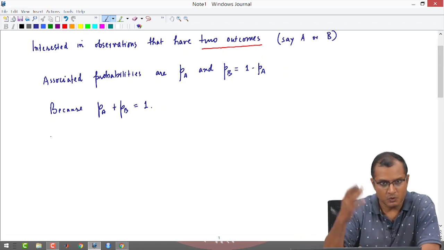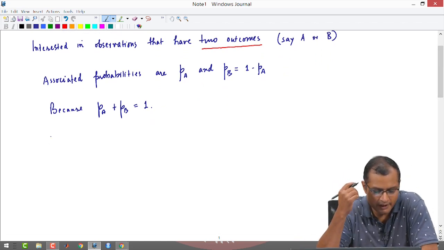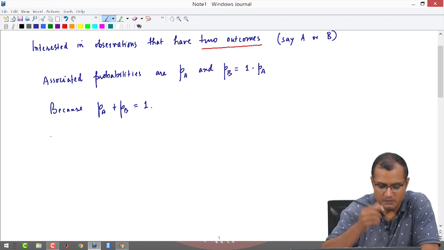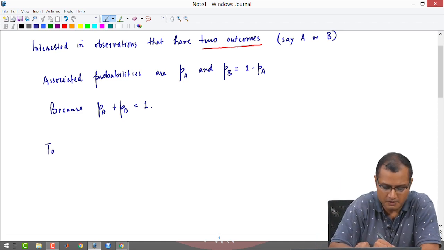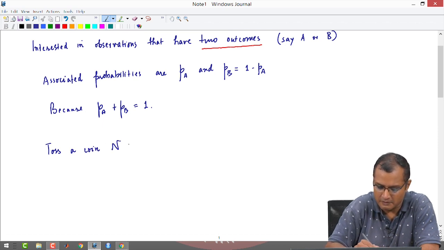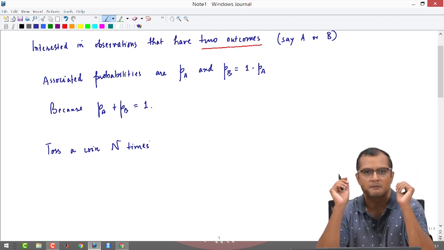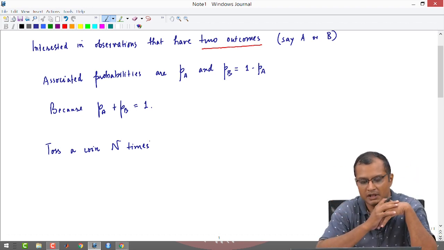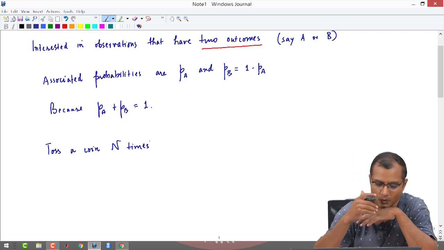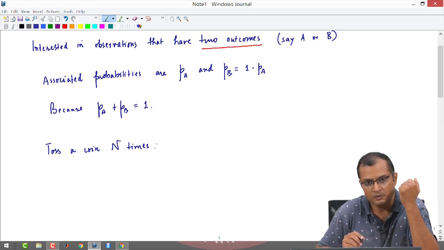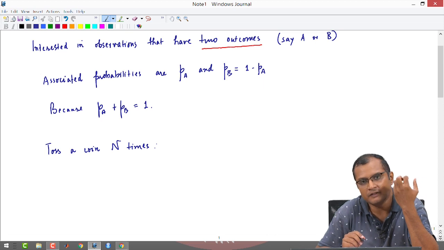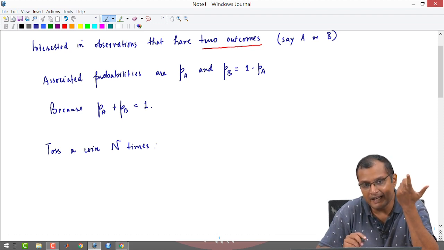Now, let us continue the example of a coin toss. So, if I toss a coin n times, this is like, in the language of StatMech, we are doing an experiment n times. Each time we get an observation, okay. And suppose you are interested in the probability of a particular realization where in n tosses you saw the heads n_A times, okay.